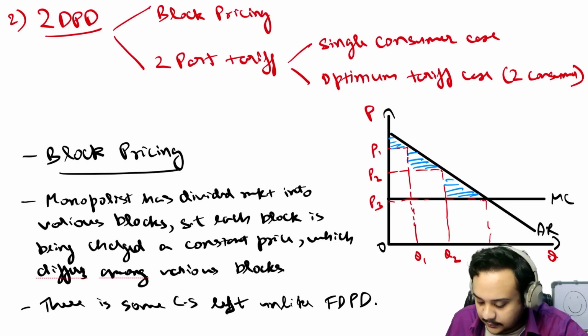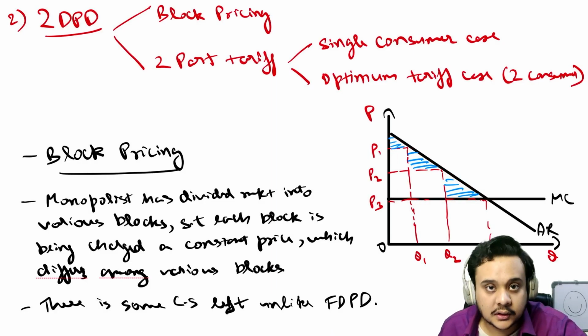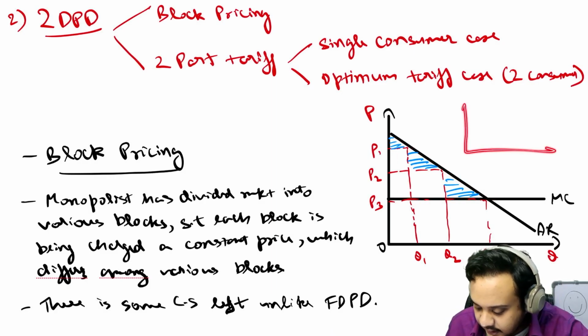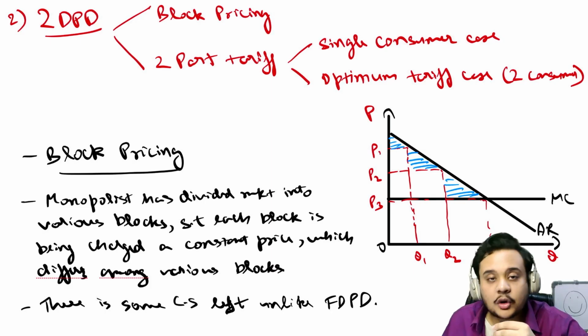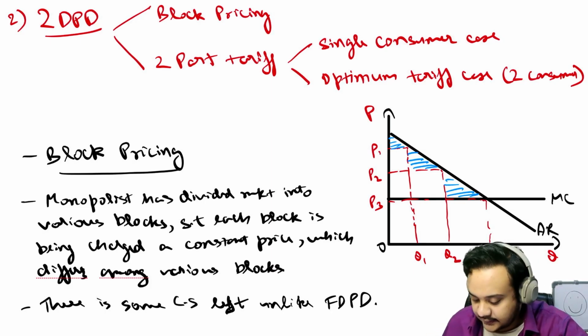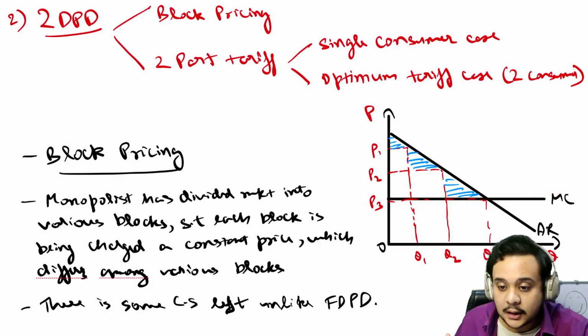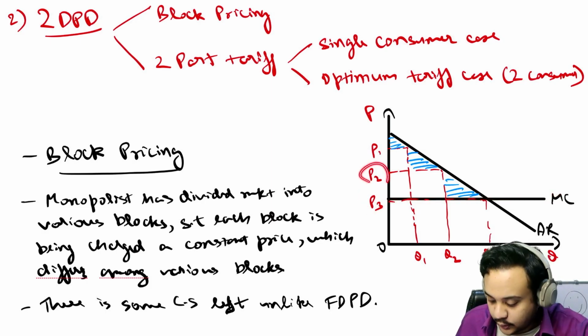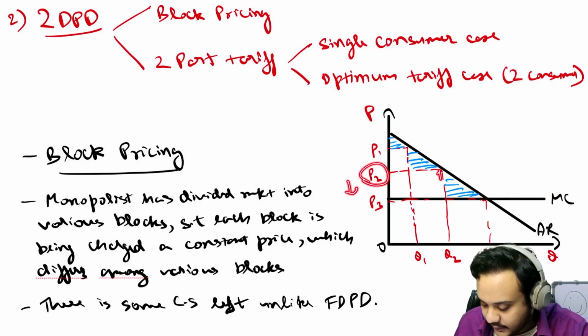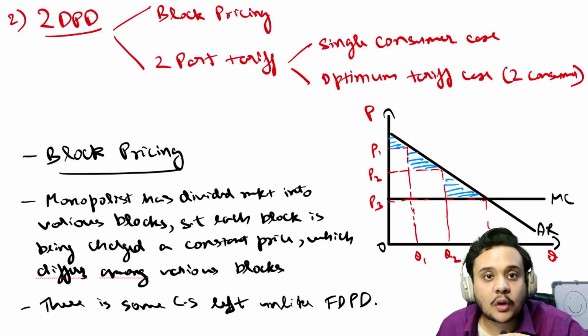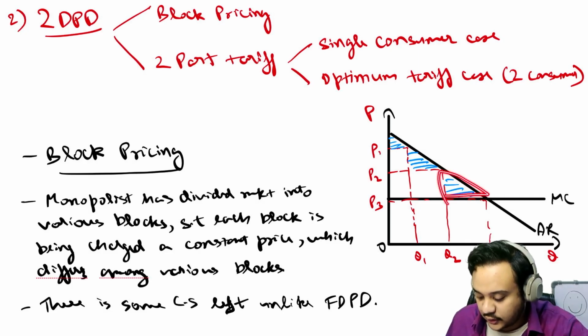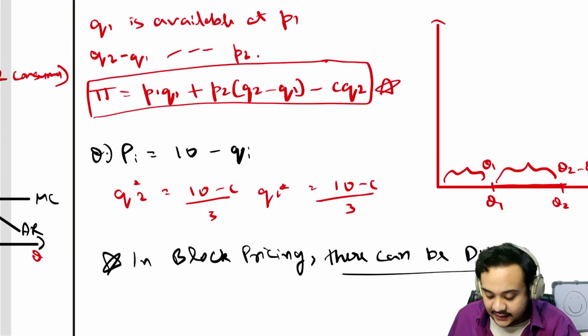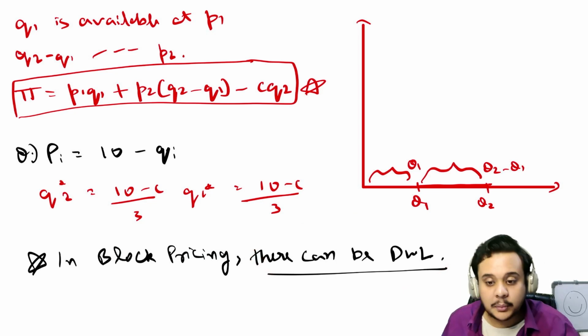For example, in the example that we took, there was no deadweight loss, but there can be a graph something like this, where this part is the deadweight loss. When the monopolist does not equate his lowest price to the MC, then there can be deadweight loss. Suppose that the lowest price that the monopolist charged was P2 and he did not go below that. Then this is a missed quantity, a missed market, so this is going to be the deadweight loss in that case. So you can just write that it is possible to have deadweight loss in block pricing.